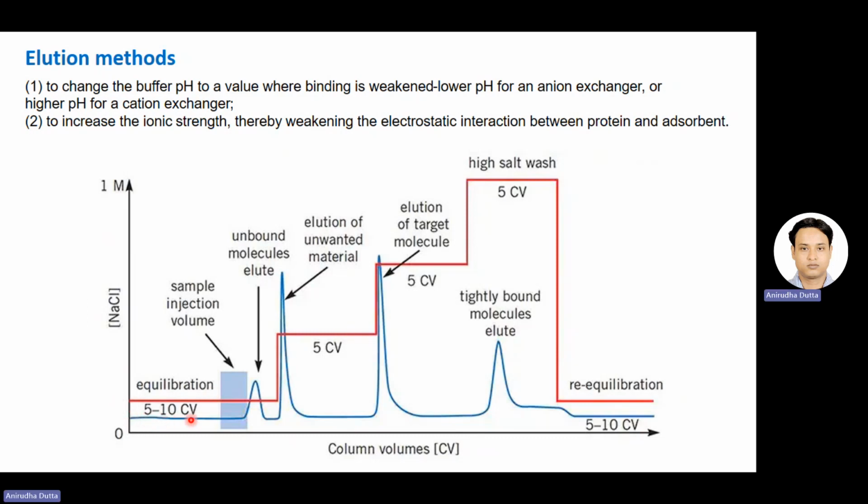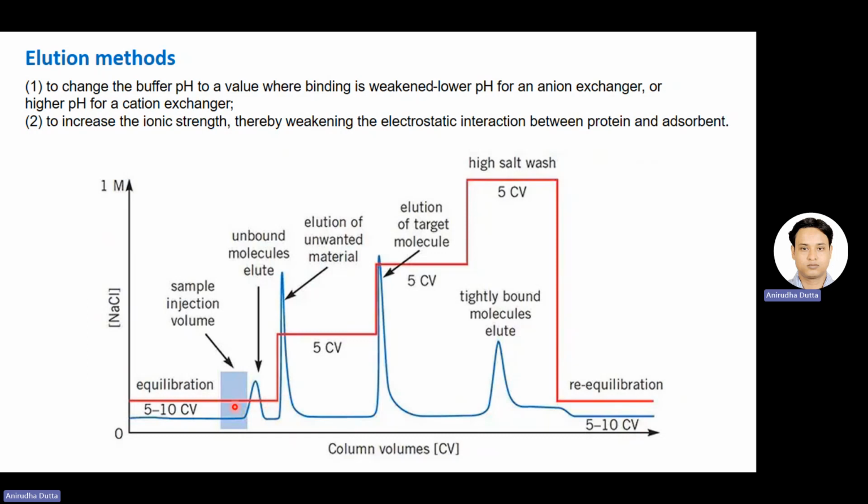In the first step is the equilibration. We did 5 to 10 column volumes of the binding buffer. Then we injected our sample in the same binding buffer. See, the sodium chloride concentration of equilibration and binding buffer is the same. And then we started running the same buffer a little bit longer.